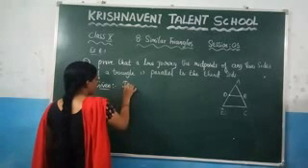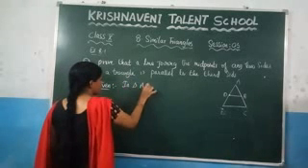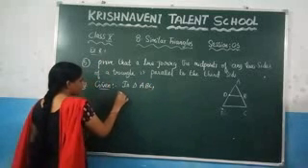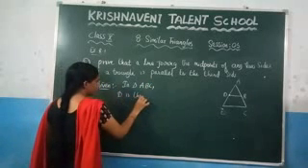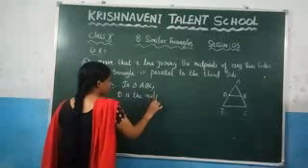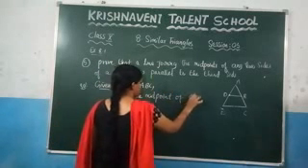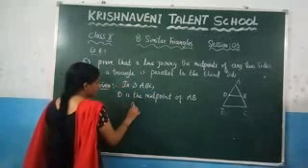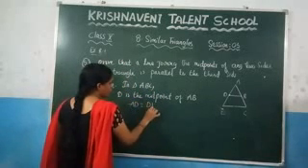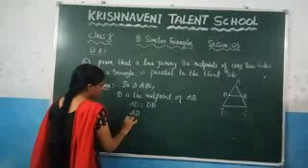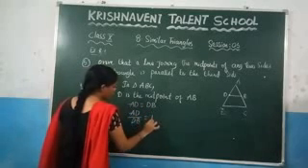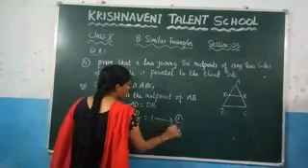In triangle ABC, D is the midpoint of AB. Let us consider this as equation 1.